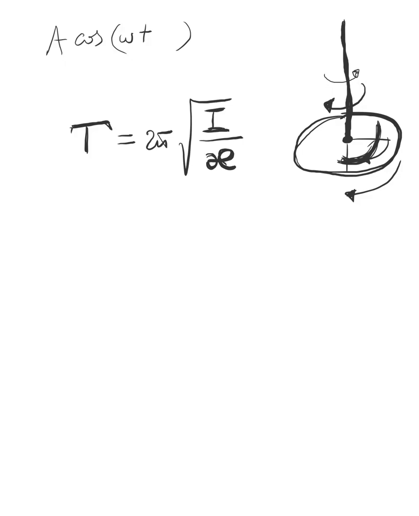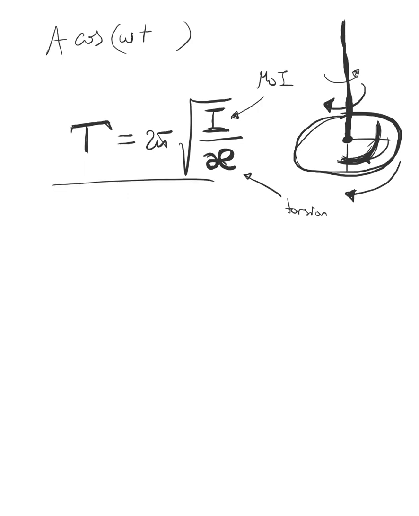I is the moment of inertia, and kappa is the so-called torsion coefficient. This torsion coefficient describes how much resistance the wire gives you with respect to twisting. So high torsion coefficients mean that it's not that easy to twist this wire.